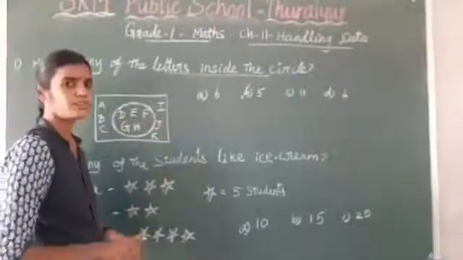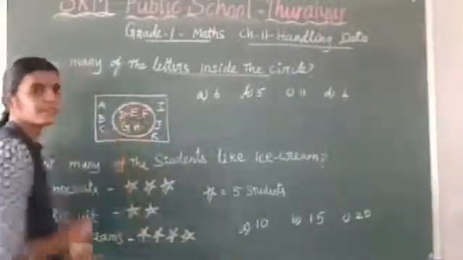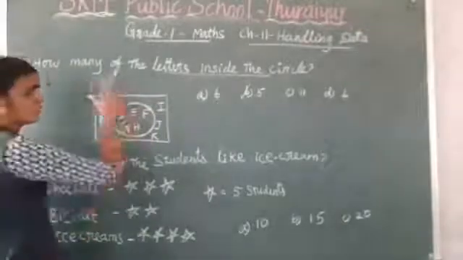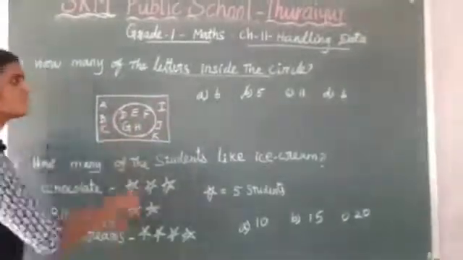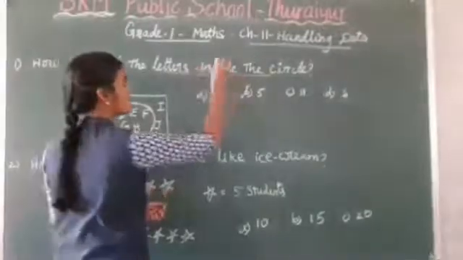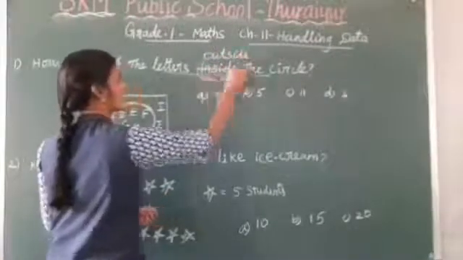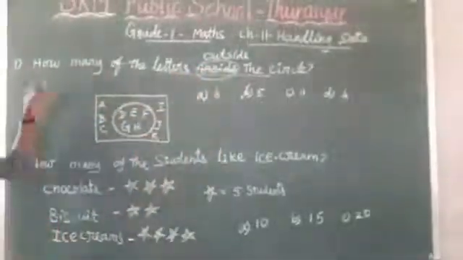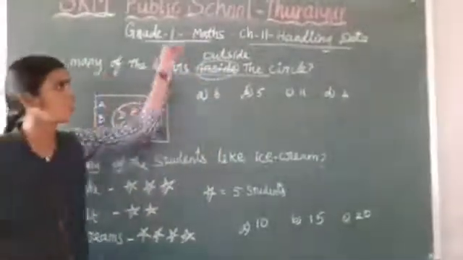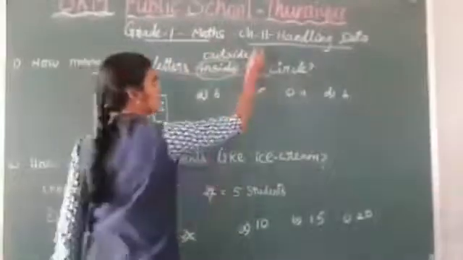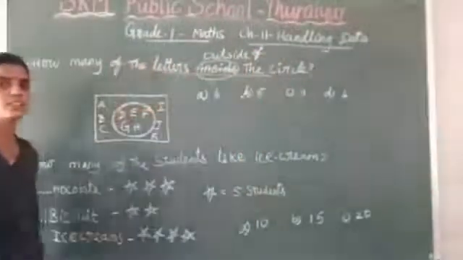Suppose they are asking about outside of the circle. Suppose the question was changed here, from inside to outside. Instead of inside, they are asking how many of the letters are outside of the circle.